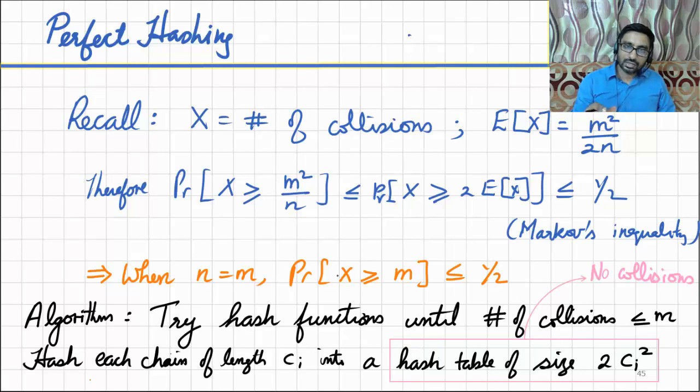What we do is we take those ci items and hash them using a different hash function into a hash table of size 2 times ci squared. And we choose the second hash function for these ci items in such a way that there are no collisions in this second hash table. But keep in mind, the second hash table has to be constructed for each location where there are multiple items that are hashed into that location.